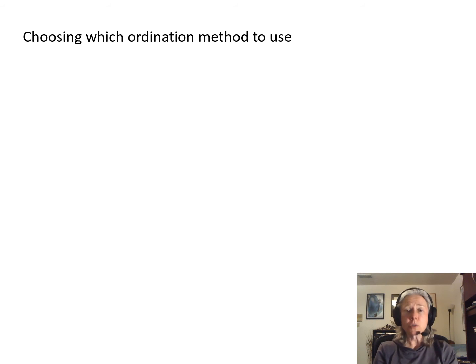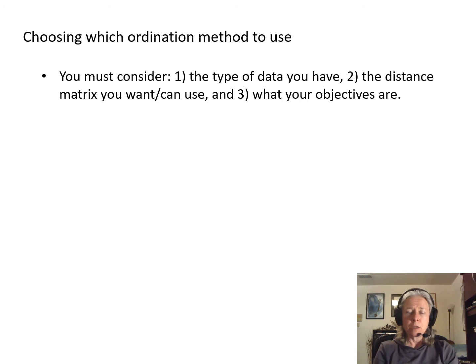In order to select an appropriate ordination method, you have to consider three things. First, the type of data that you have. For example, if you have presence-absence data, then there are going to be certain types of analysis that are going to be closed to you.